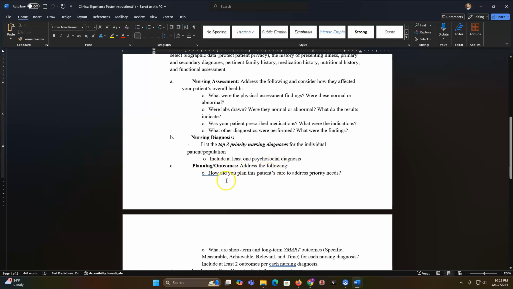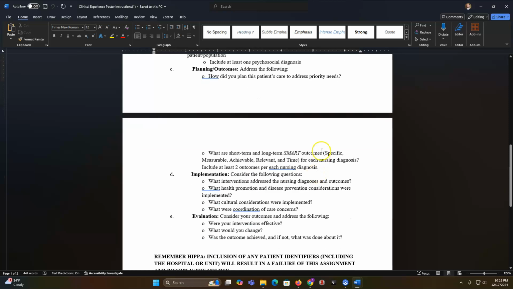Planning and outcomes, you have to address how you cared for this patient. What were their needs? So what were your outcomes? Were they specific, measurable, achievable, relevant, and what time frame? You can have short things like during my shift, during this week, during this hospitalization, prior to discharge, or long term, like in 1 year.